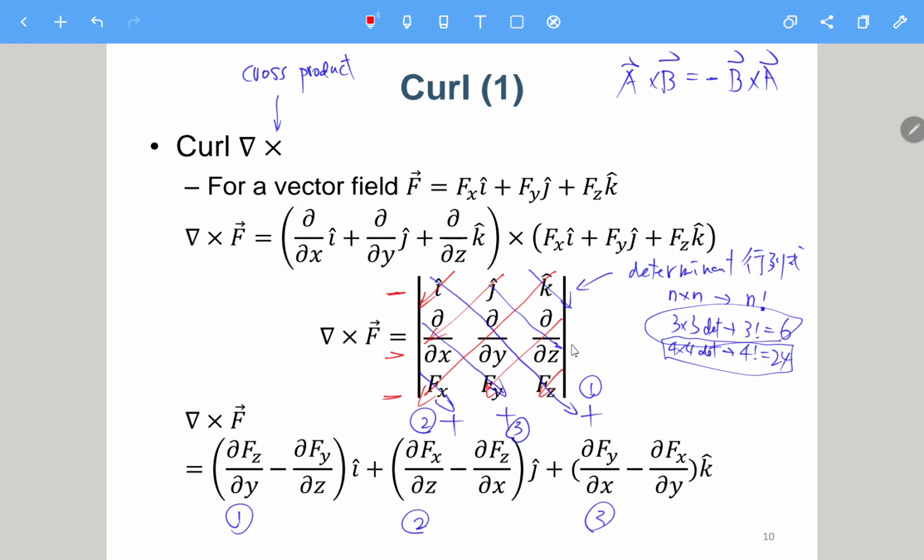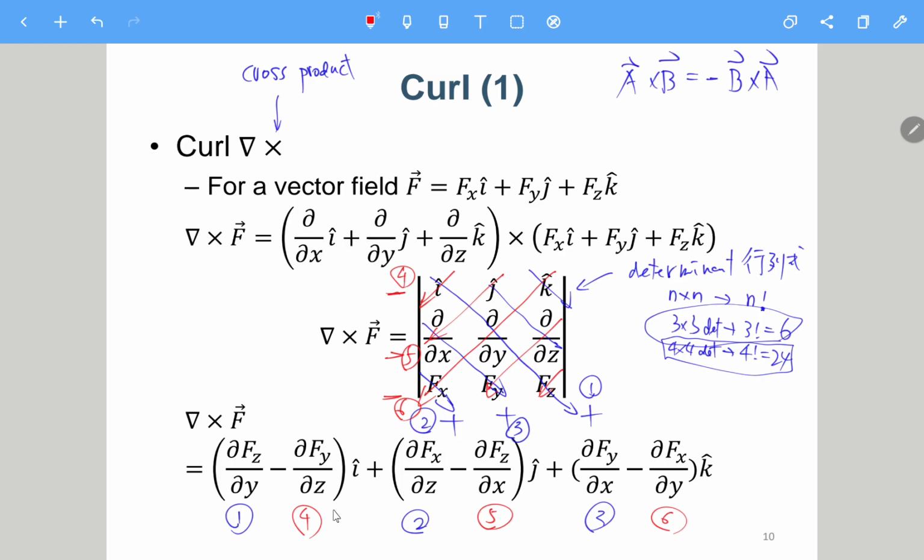So i hat partial z Fy with a negative sign is the 4th term. And then j partial x Fz is the 5th term. And finally, k hat partial y Fx is the 6th, the last one. So we have 6 terms for the determinant of a 3 times 3 matrix.